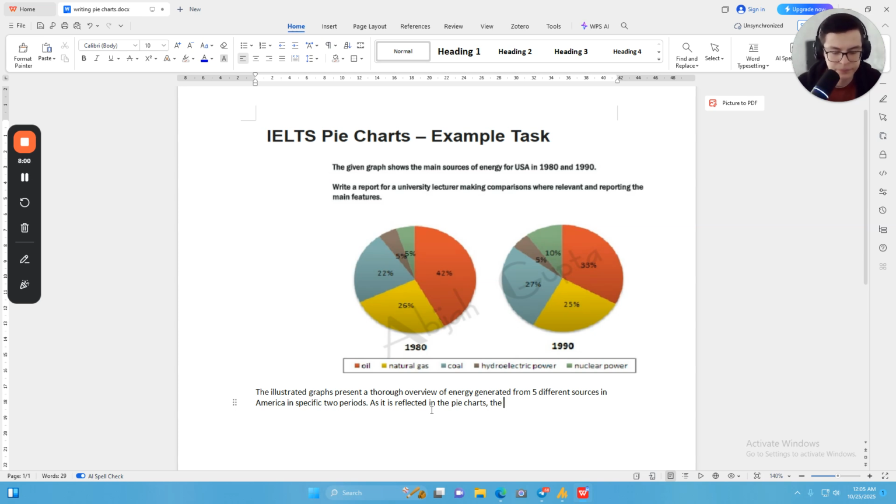The proportion of energy sources are calculated in percentages.